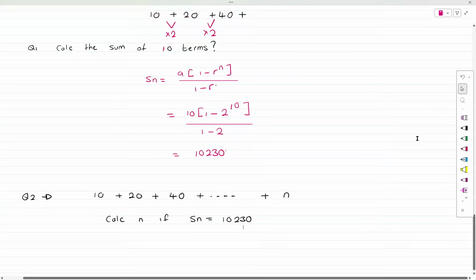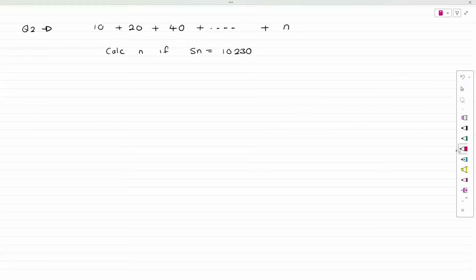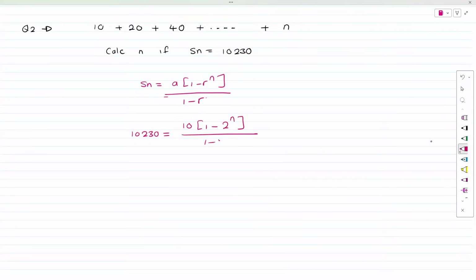Now, you and I know n is 10, but let's go and calculate it. Sn equals a into 1 minus r to the power of n, all over 1 minus r. We substitute what we know. We know Sn is 10,230. We know the first term is 10. We know r is 2 because we calculated it before. That's 1 minus 2 to the power of n, and this is 1 minus 2.